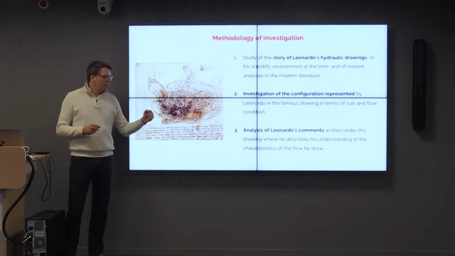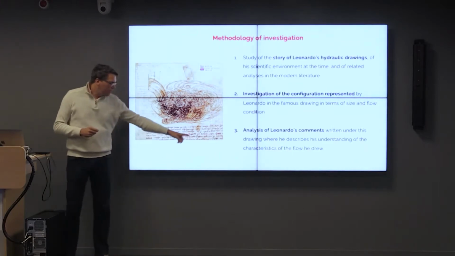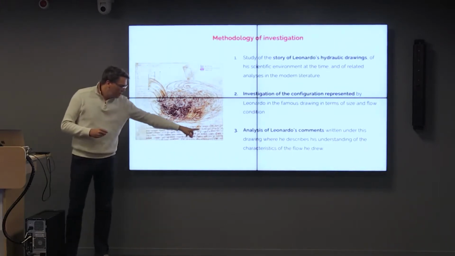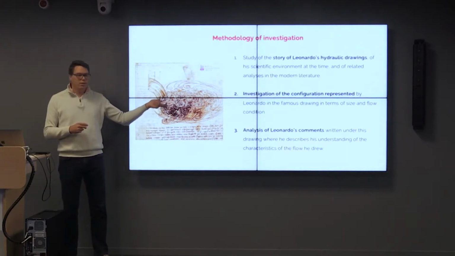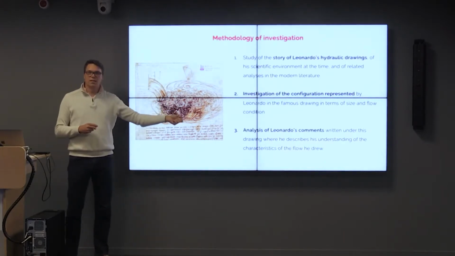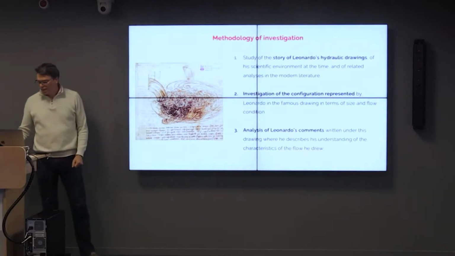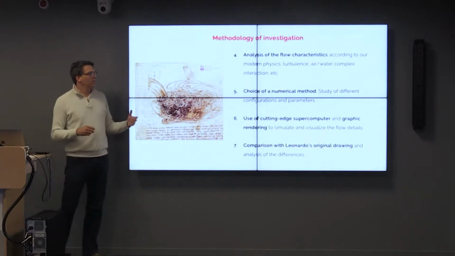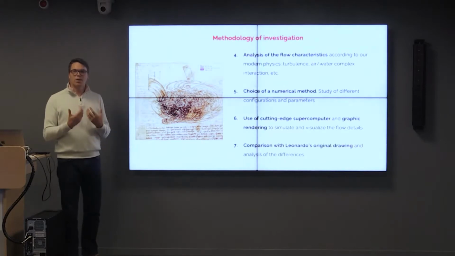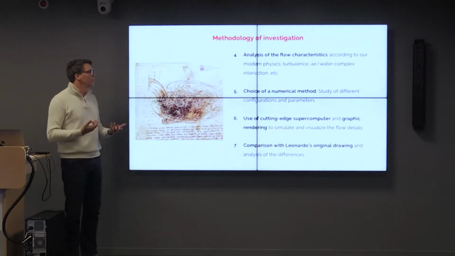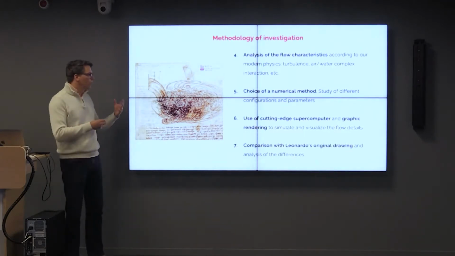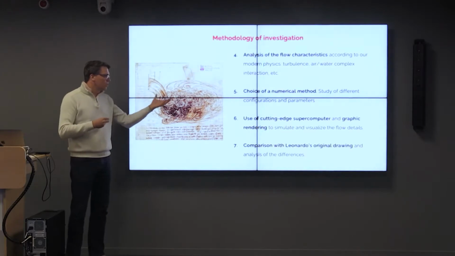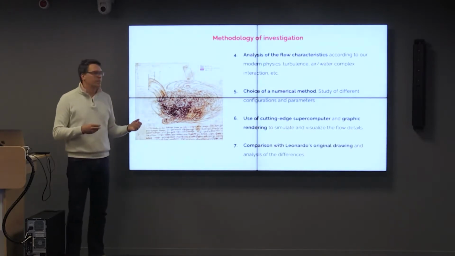And the third thing we did is that we analyzed, you see here below the drawing, there are some sentences by Leonardo, and in these sentences he explains what he saw, and then what he drew. So we analyzed this in terms of physics, with our knowledge of modern physics: in terms of water, air, complex evolution, what can we see there in terms of turbulence, etc.